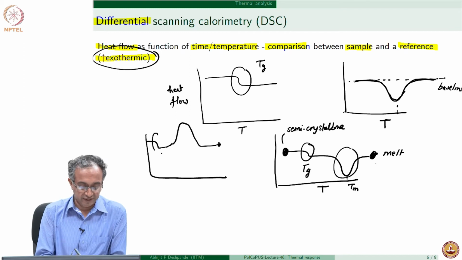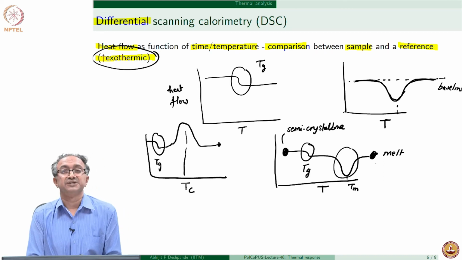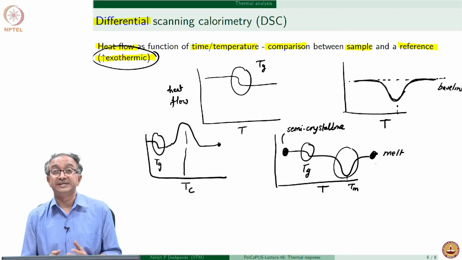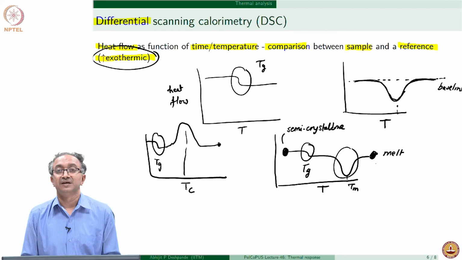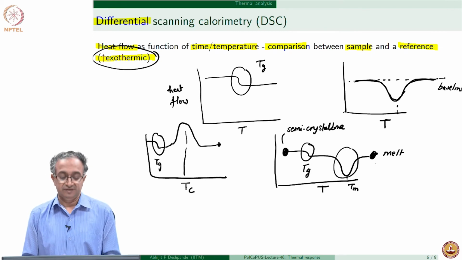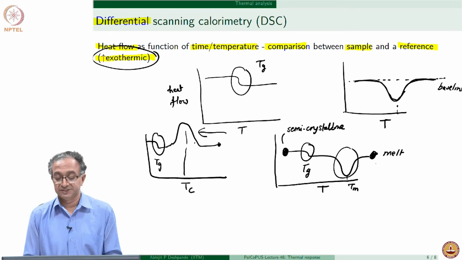So, therefore, we have the glass transition and we define the crystallization temperature. And if this is done at different rates, if you recall our discussion related to glass transition temperature, glass transition depends on the heating rate. Similarly, the cooling rate will affect at what temperature crystallization happens.